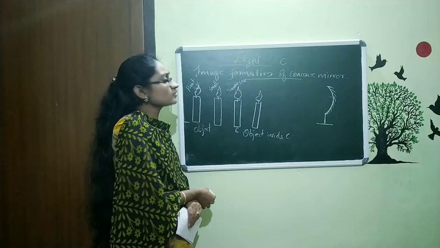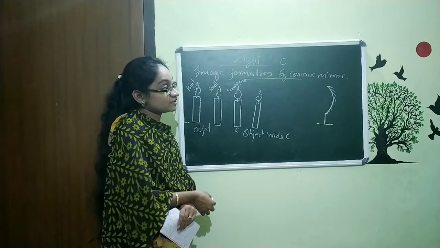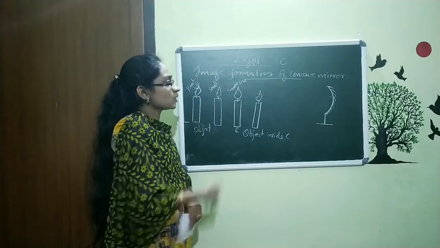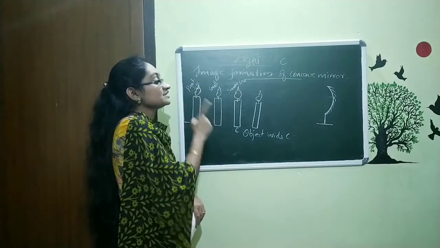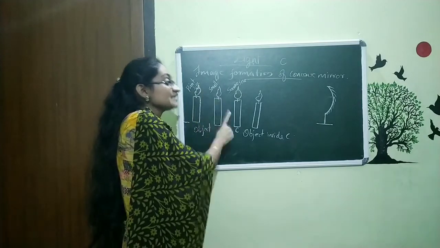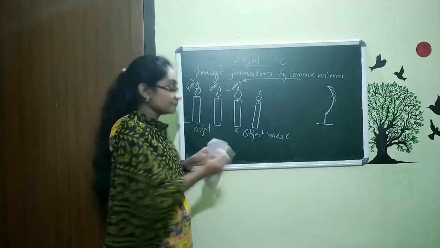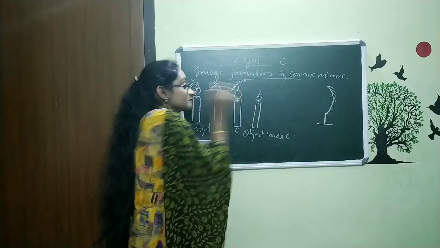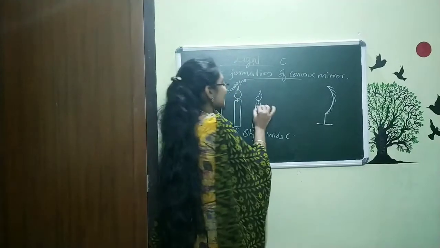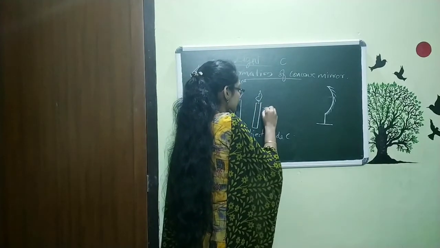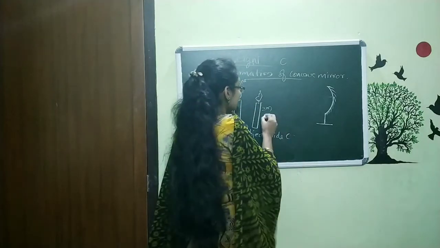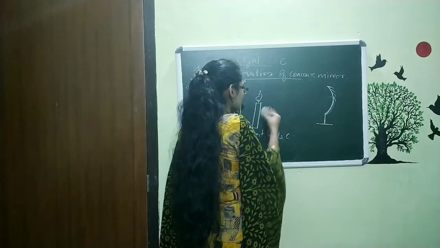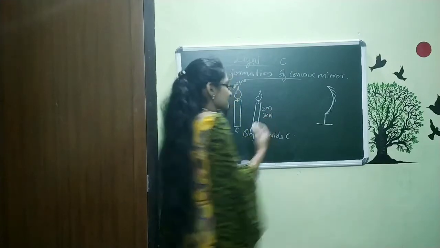Now what about the size of the image? Is it smaller or the same? No. When you observe this, you can see that the size of the image is bigger than this object. That means, suppose the size of the object is 2 centimeter, then you will get the image of 5 centimeter or 3 centimeter like that.